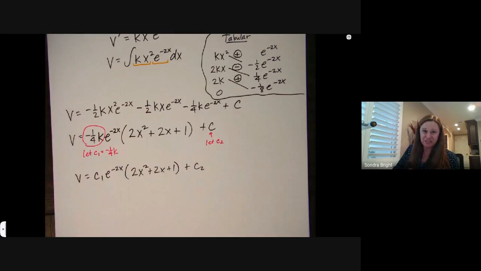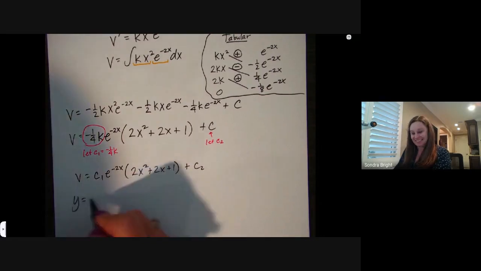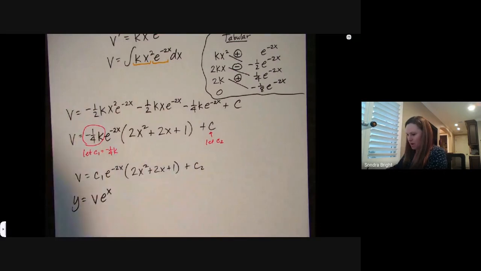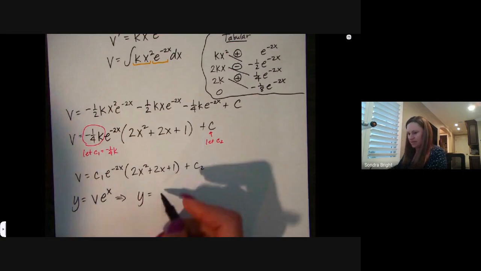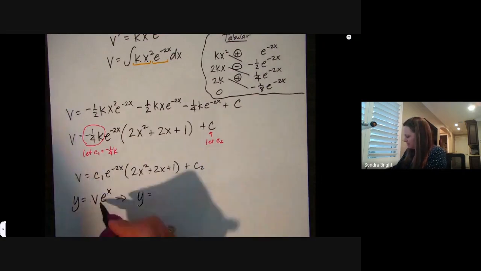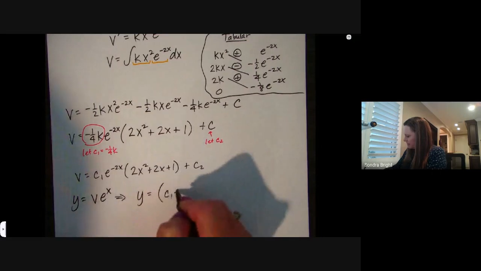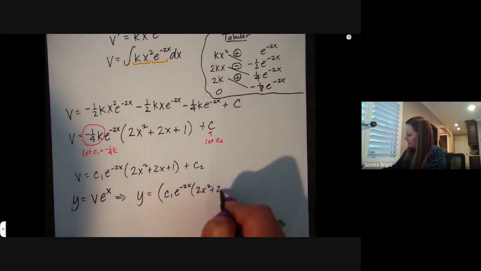Okay, so that's v. That's not our final answer because we need to solve for y. And if you remember, y was equal to v times e to the x. So y must equal this whole thing, which is v, times e to the x. So it's C1 e to the negative 2x times the quantity 2x squared plus 2x plus 1, and then plus C2. That's your v.